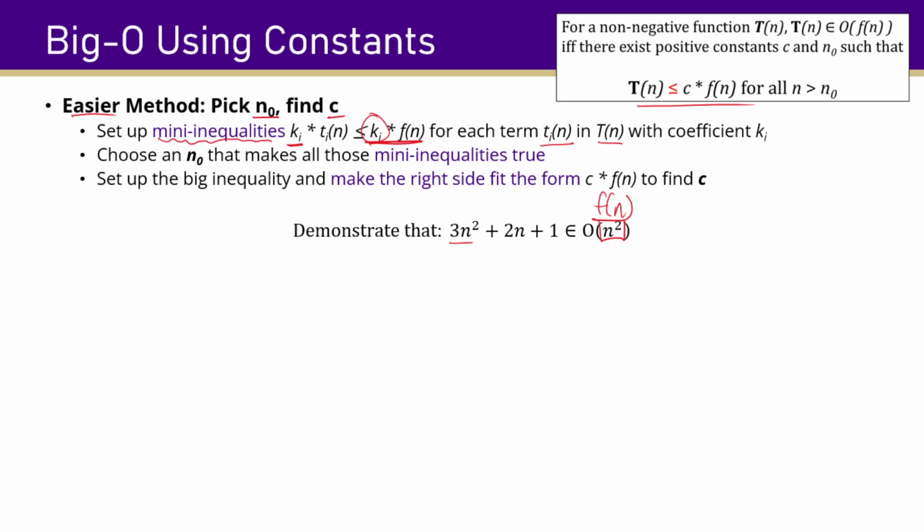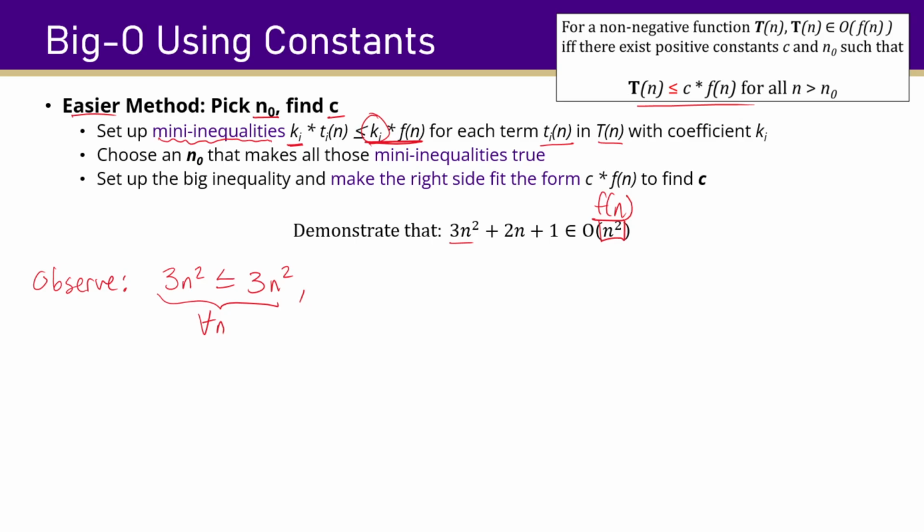I'm going to take this first coefficient right here, which is 3, and we're going to observe that 3n squared, that first term, is less than or equal to 3n squared, right? Same coefficient, but now we're using f of n. And this is, of course, true for all values of n.